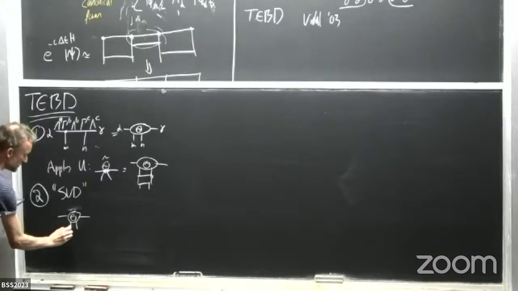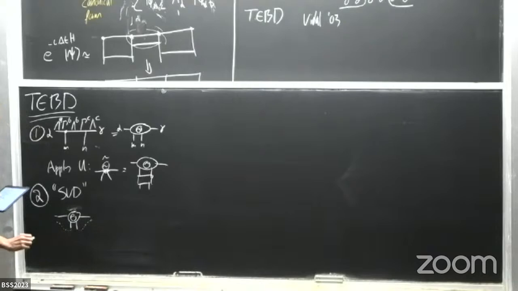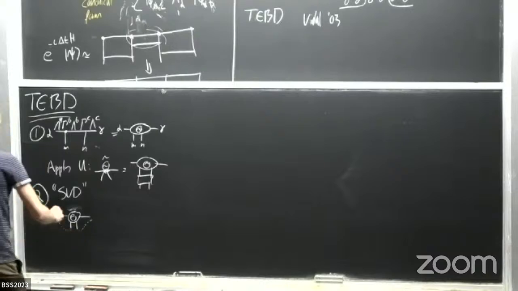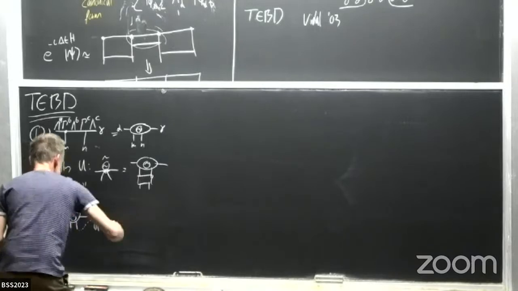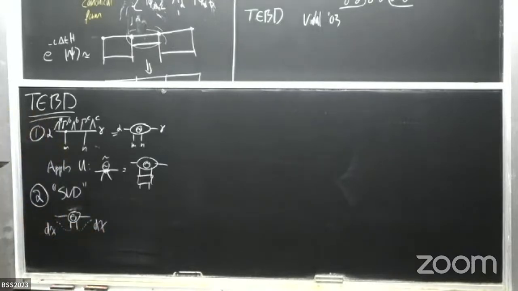But now I can group these legs together, and so I can also see my order 4 tensor as a matrix. The matrix has a dimension of d times chi by d times chi, right? Just by merging these indices together.